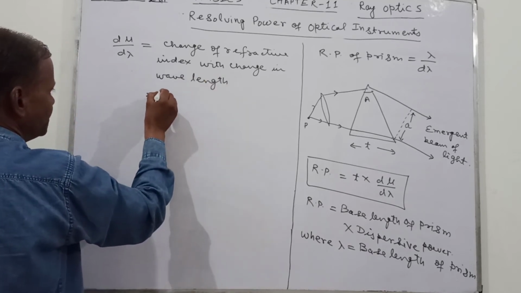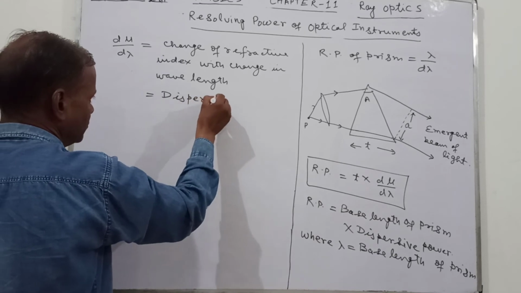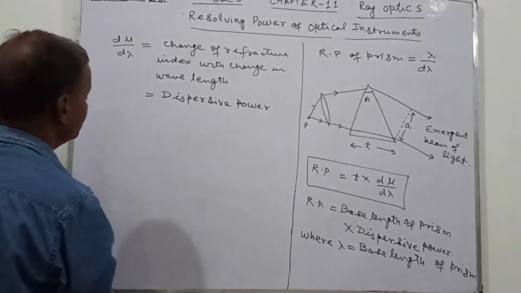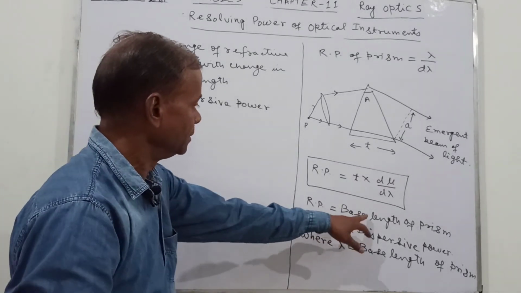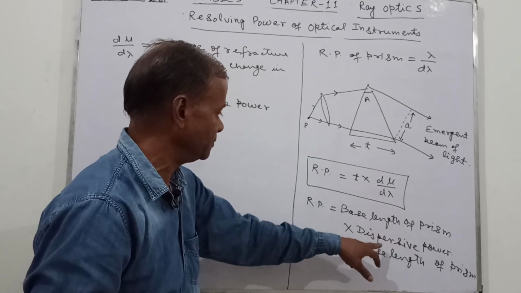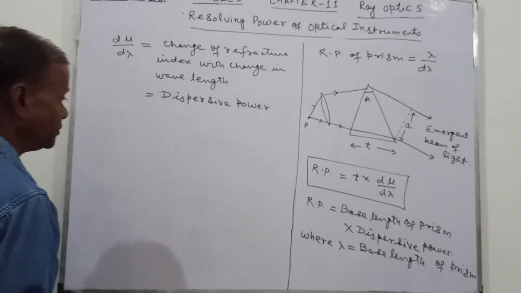This is the dispersive power. The T here is the base length of the prism, and d mu upon d lambda is the dispersive power of the prism.